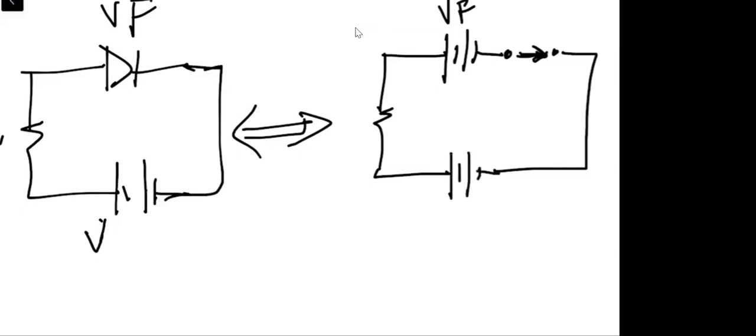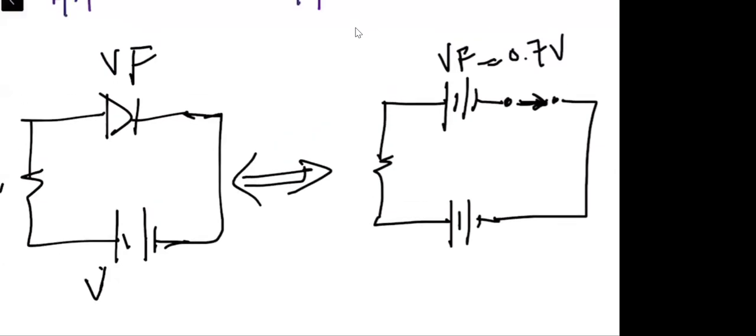Are you with me? If it is made up of silicon, VF is equal to 0.7 volts. If it is made up of germanium, it is 0.3 volts, right?